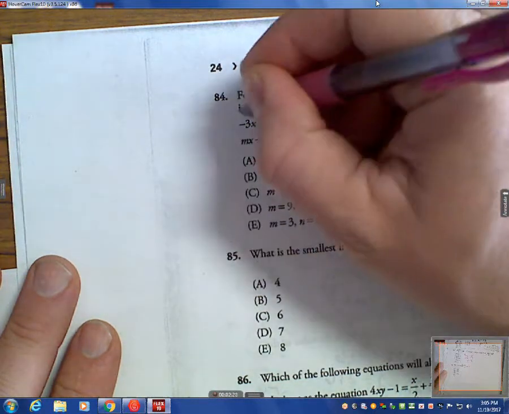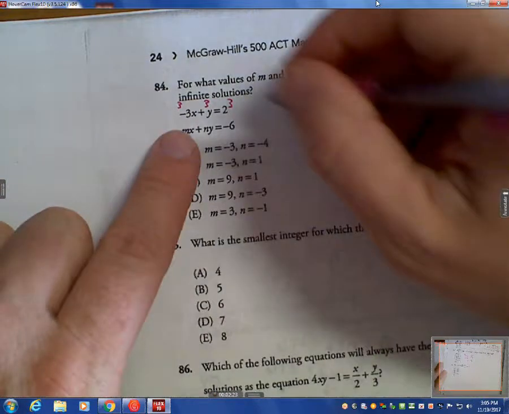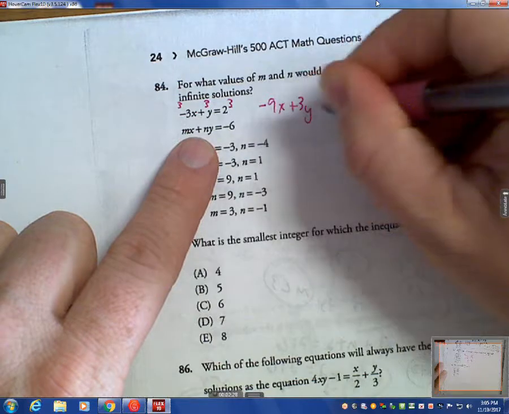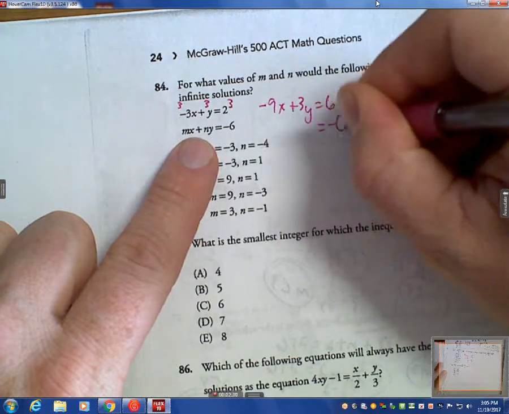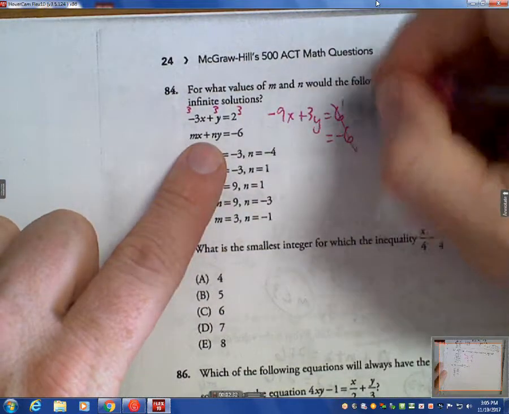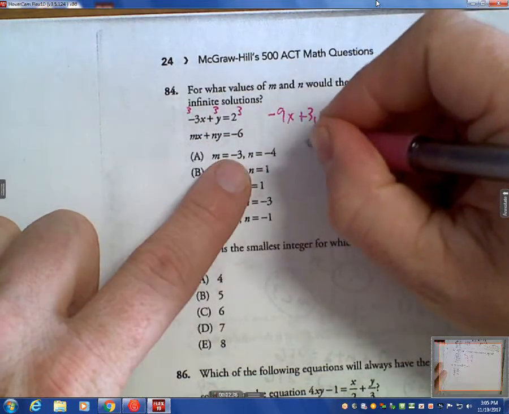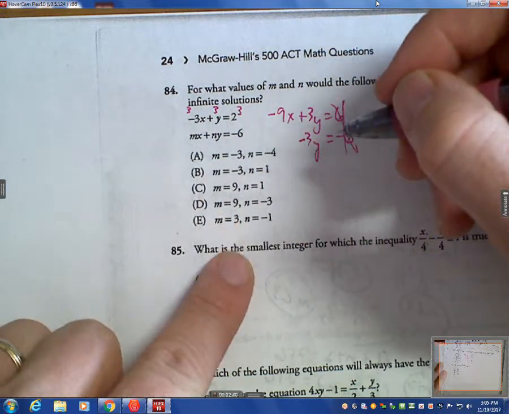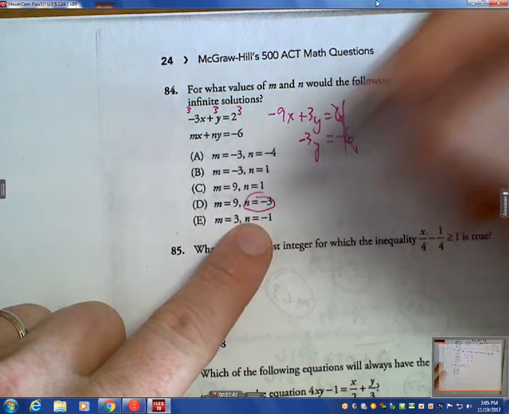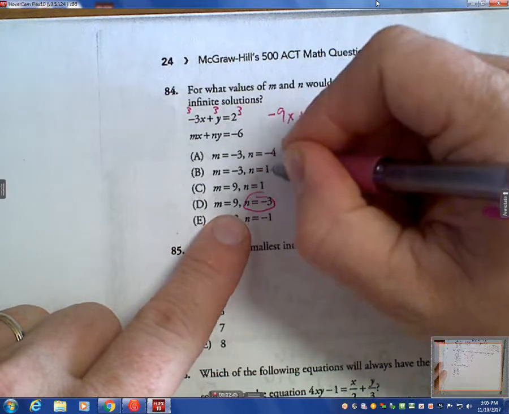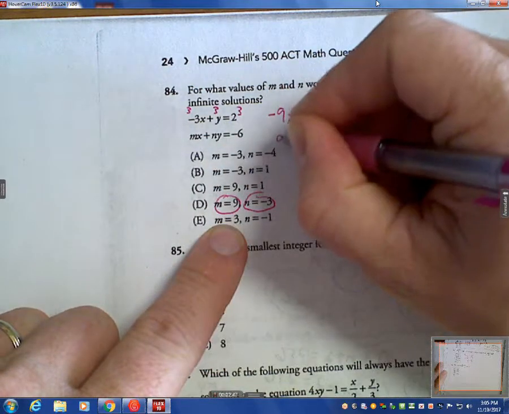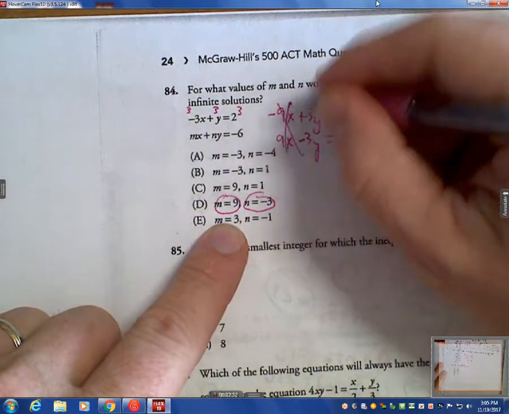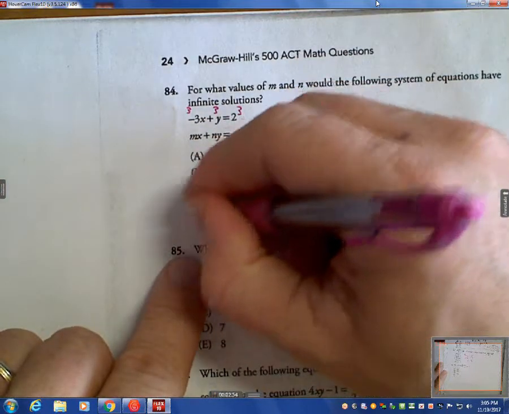This would be negative 9x plus 3y equals 6, because everything would need to cancel. The next thing I would need would be negative 3y. So I know my n has to be negative 3, and I know that my m has to be positive 9. That would make everything cancel. When it says infinite solutions, it means when everything cancels. So I know it has to be D.